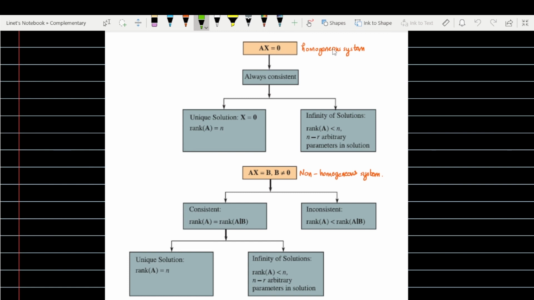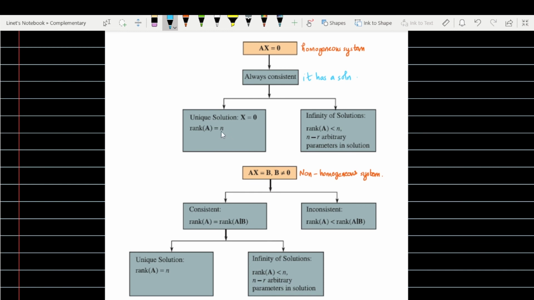Any homogeneous system is always consistent because putting x1, x2, etc., xn all equal to 0 will form a solution for Ax equal to 0. So a homogeneous system is always consistent. It has a solution.